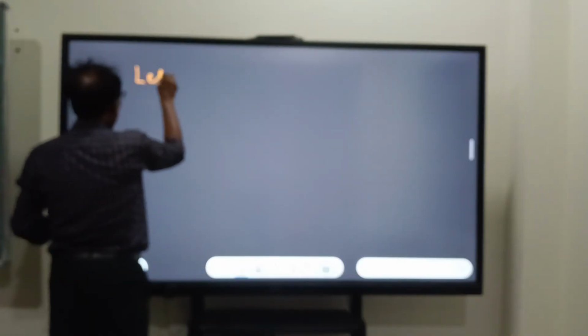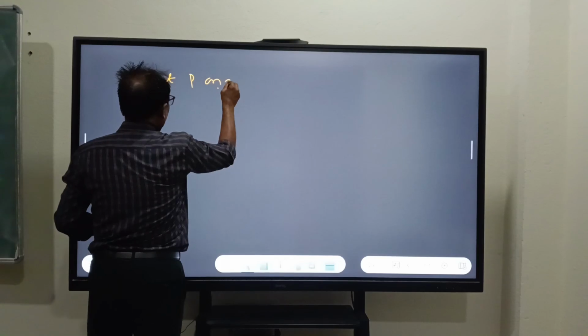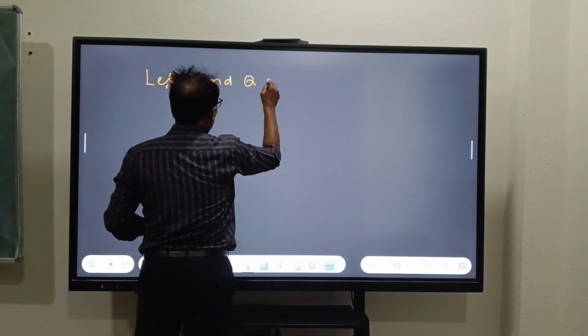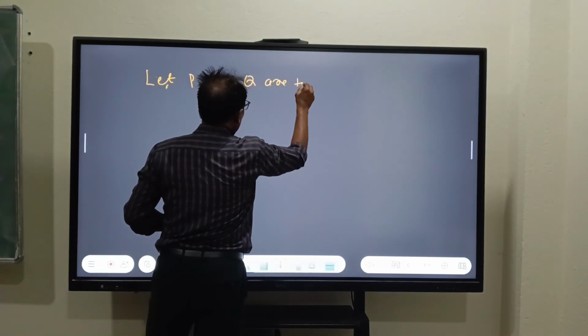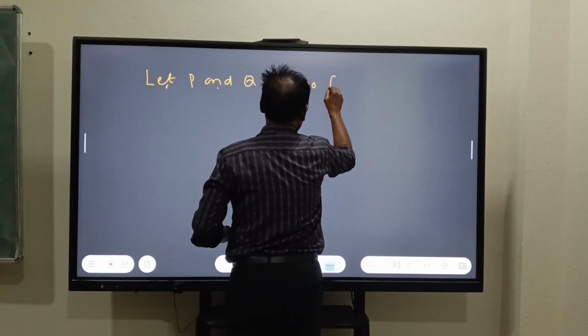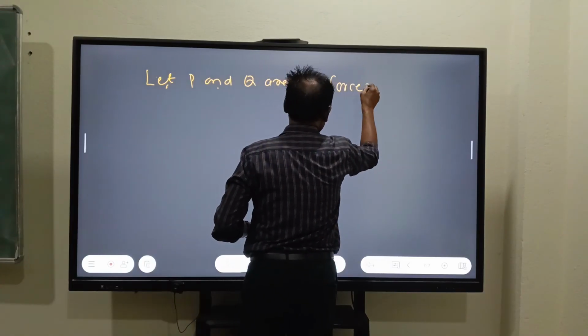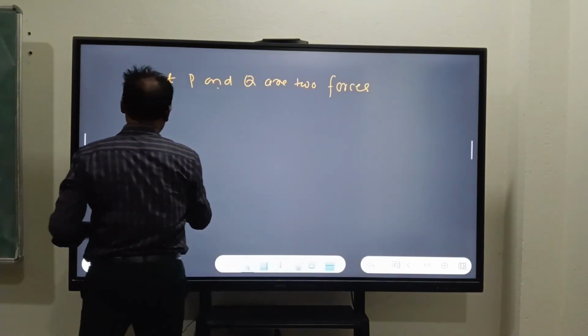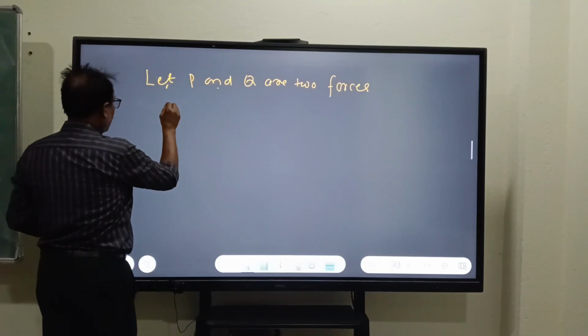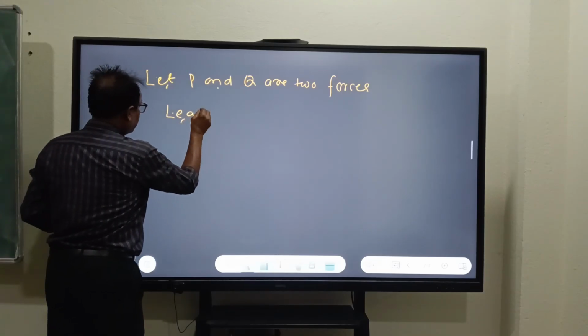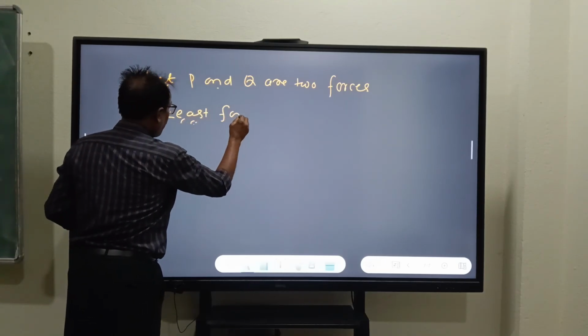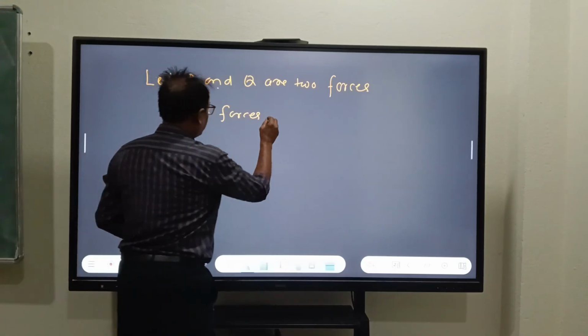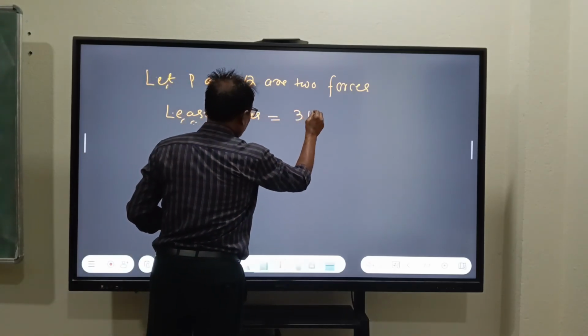Let P and Q be two forces. The least resultant force is equal to 3 kilonewton.